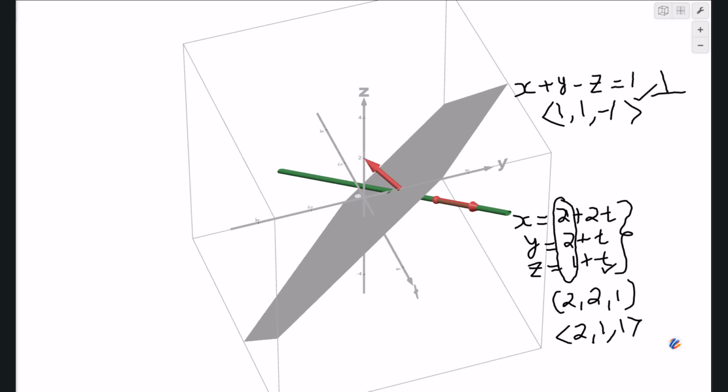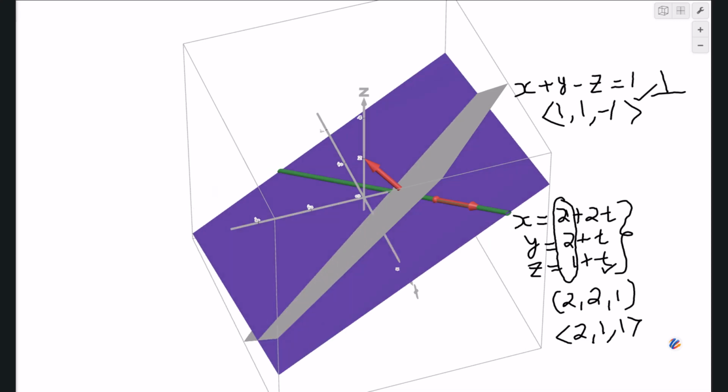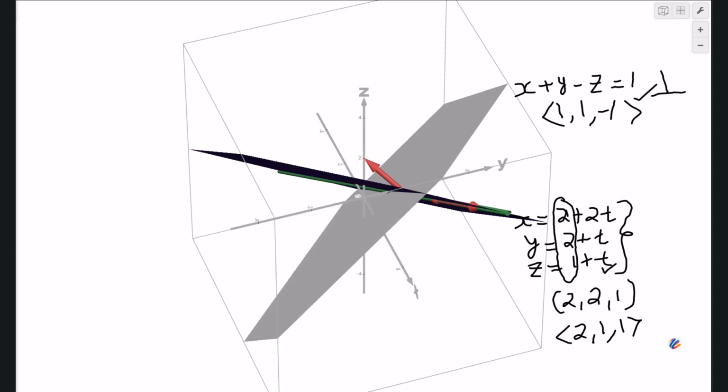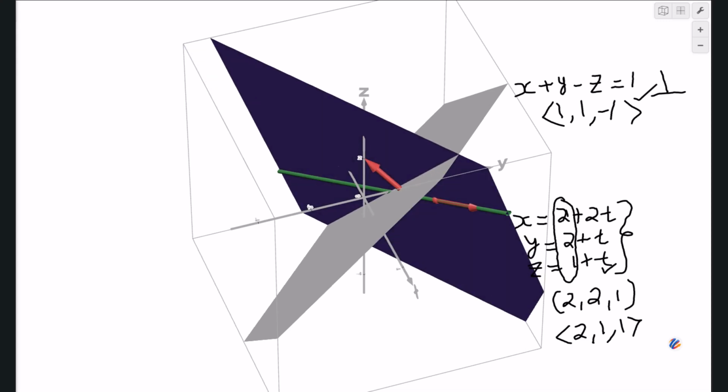So far as a plane containing the green line is concerned, we can have many different planes, but what we want is the plane that's perpendicular to this gray plane, or is parallel to this vector (1, 1, negative 1).